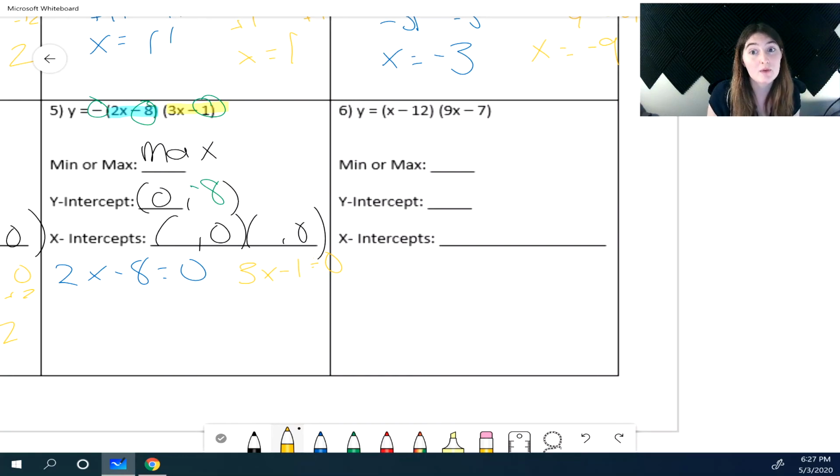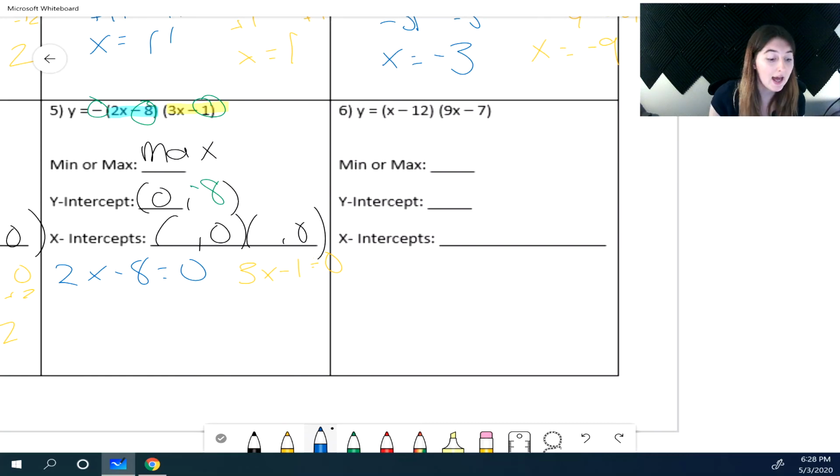All right, this time you have 2 equations with coefficients that you've got to solve. Go ahead, try to solve the one in blue first. What's the first step?